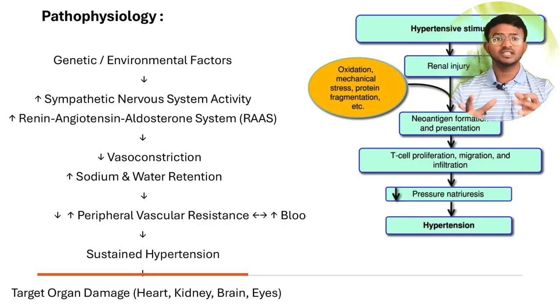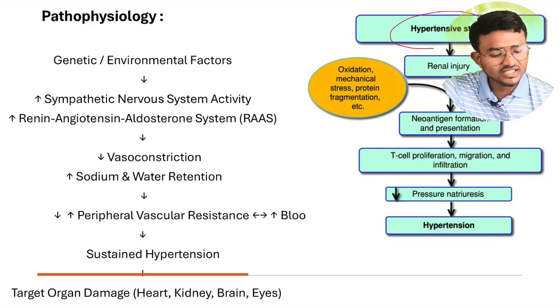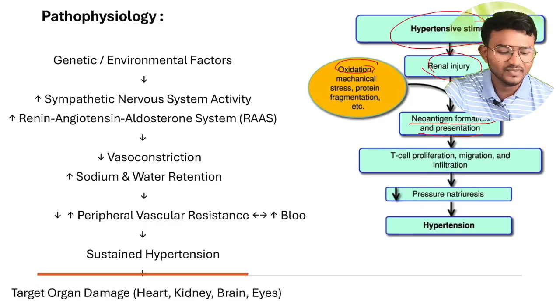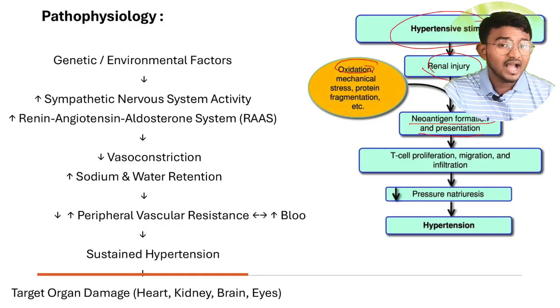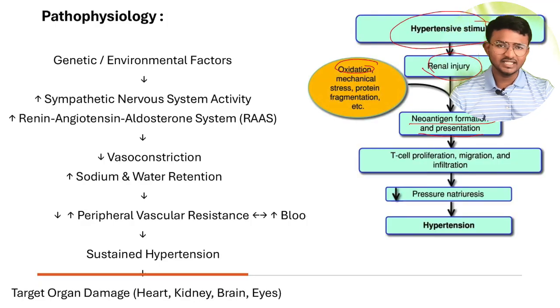This pathophysiology is very important. If you look at this image, we can see hypertensive stimuli, because of oxidation, mechanical stress, protein fragments, etc. We can see renal injury, and because of this, neoantigen formation and presentation. The T cells undergo proliferation, migration and infiltration, and the heart, the right atrium, will release one hormone that we call natriuretic peptide.